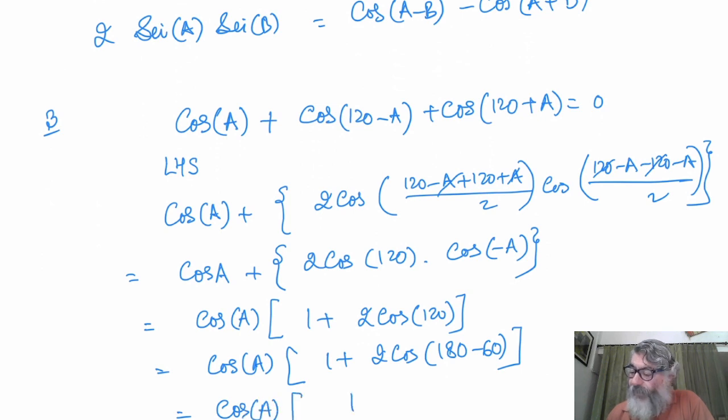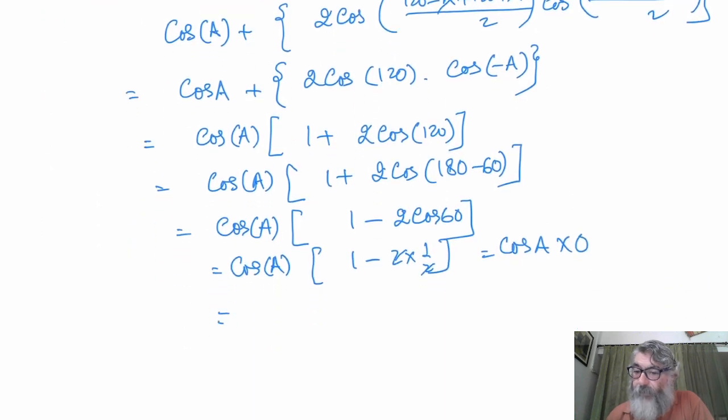So it will become 1 minus 2 cos 60. Cos A into (1 minus 2, and cos 60 is 1 upon 2), so 2 will cancel. It will become cos A into 0, 1 minus 1 is 0. So your answer will become 0, which is your right hand side. I'll stop the recording here and I'll do the next just now.